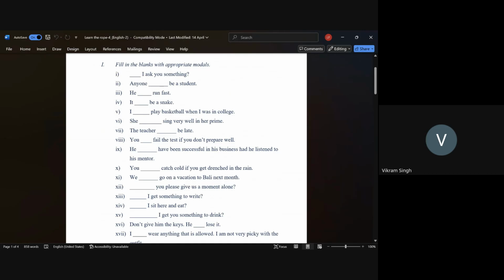Ability. Yes, it's a general ability. Anyone can be a student tells you that anybody has the ability to be a student, right? That's the point we are trying to make. Then what other answers can come in that blank?